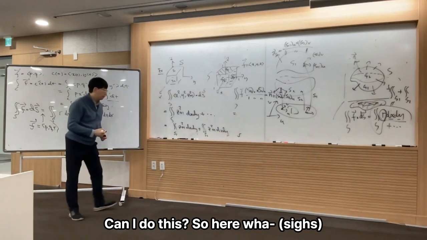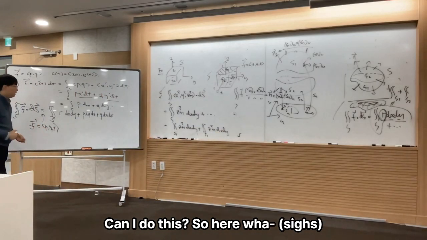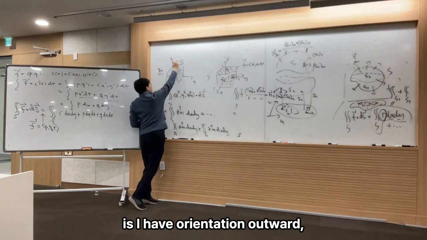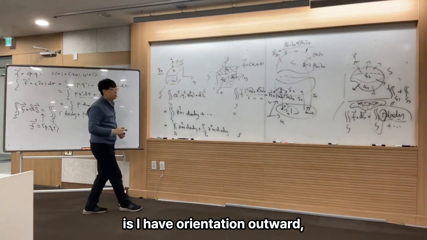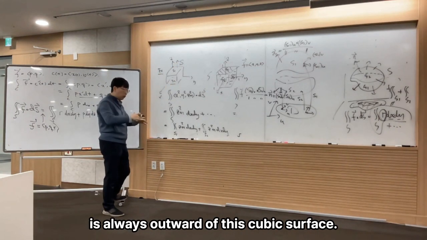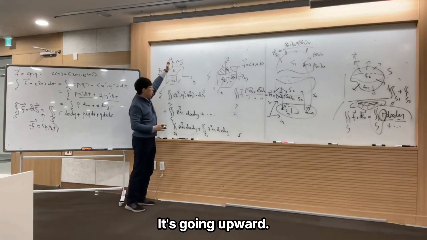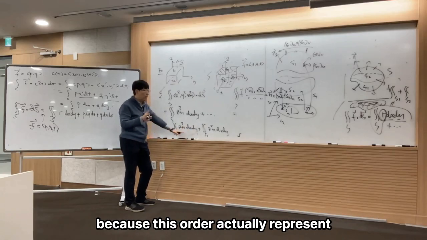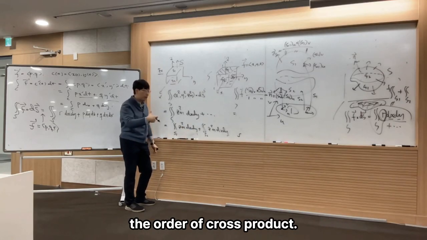Can I do this? In the top part, I have orientation outward. Let's suppose that the orientation is always outward on this cubic surface. Yes, I can take dx dy in this order, because this order represents the order of the cross product.